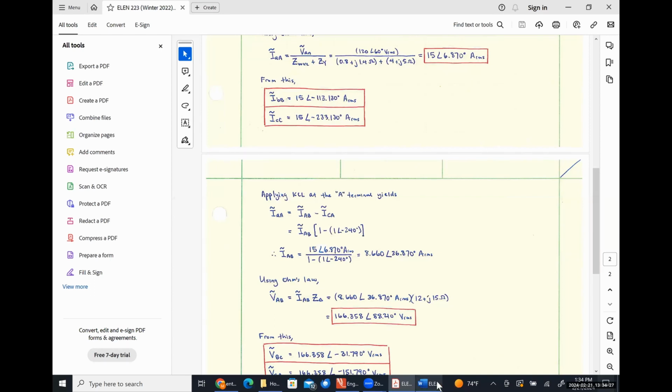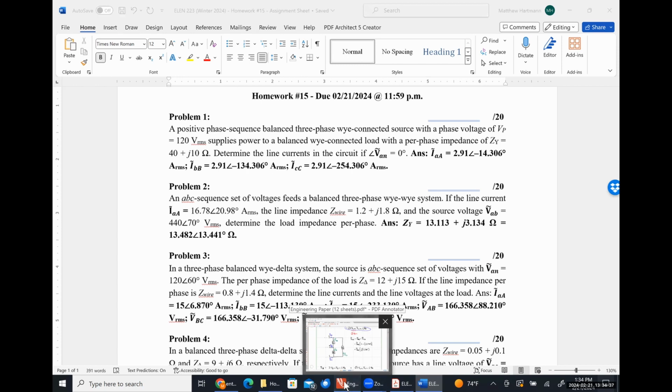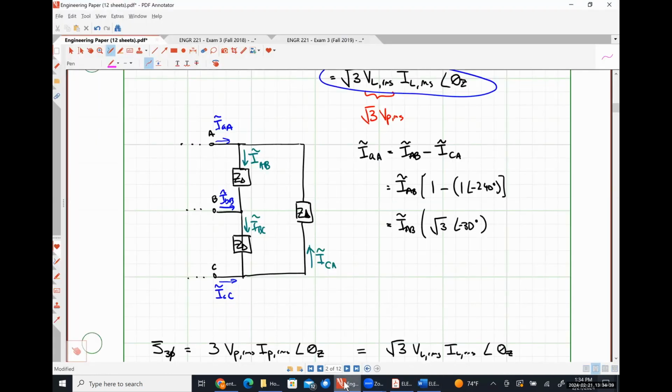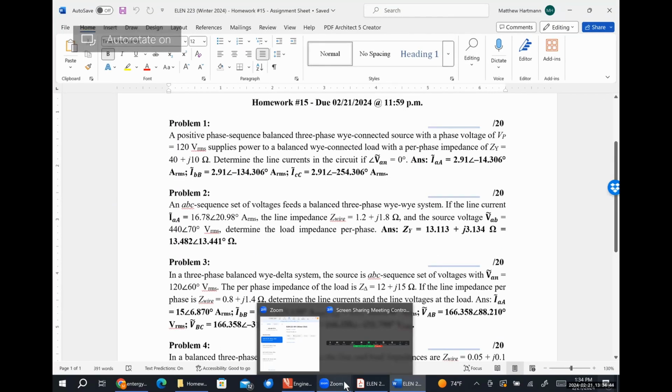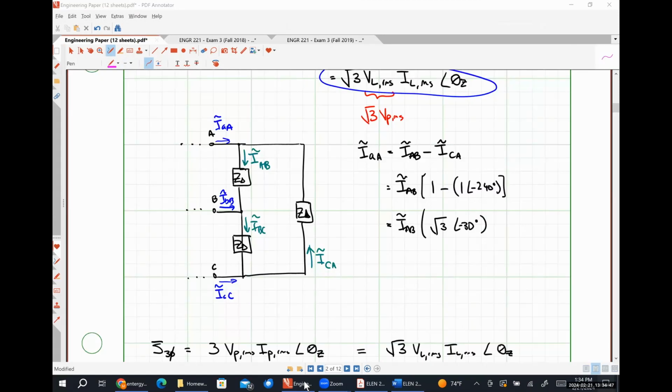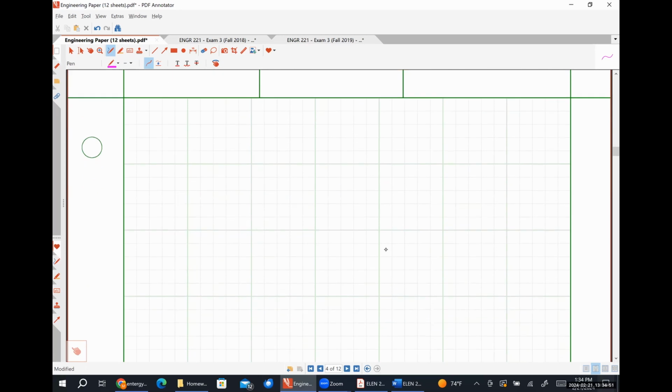88.210. Let me see something here. No. So just for the sake of argument, solving it in a slightly different way. So our single phase equivalent circuit, I don't like that color. 120 angle 60 volt RMS.